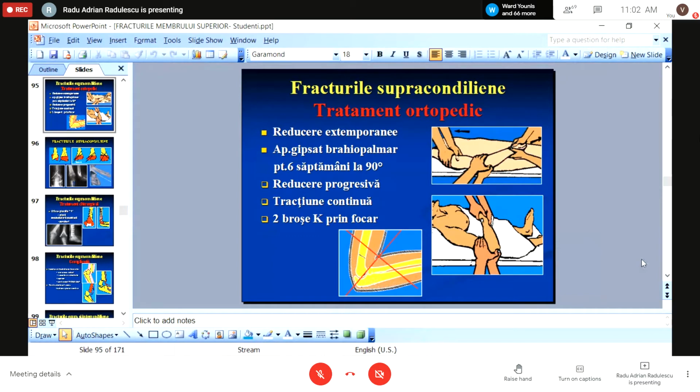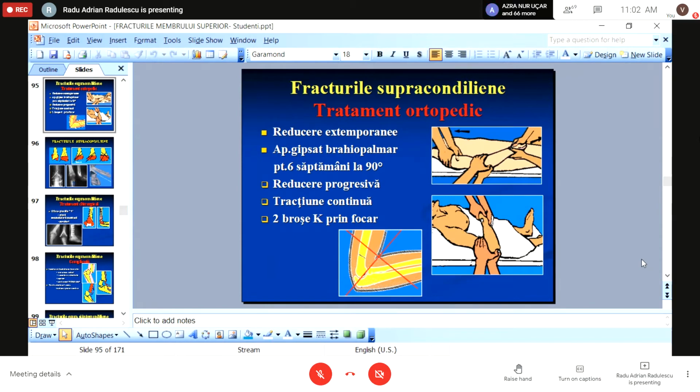Ideally, we would like to immobilize the elbow after that in this position, but that's not possible, because as long as we try to immobilize the elbow in hyperflexion, we'll get a compression at the level of the brachial artery, which will compromise the blood flow at the level of the forearm and the hand. So we cannot do that.